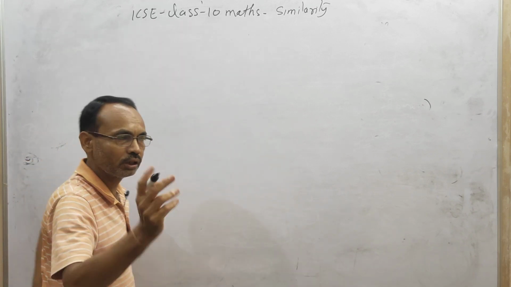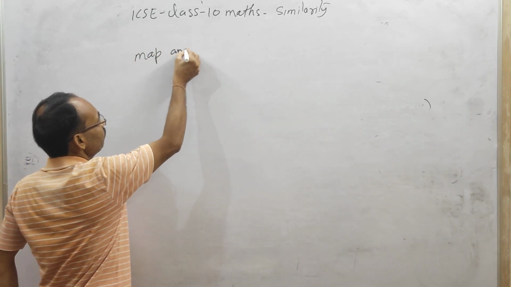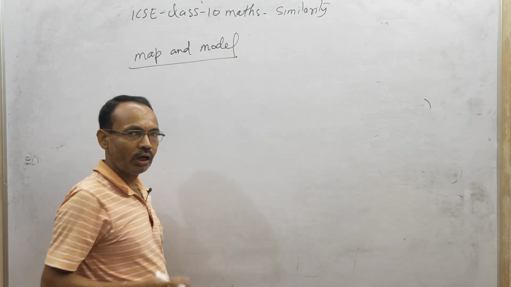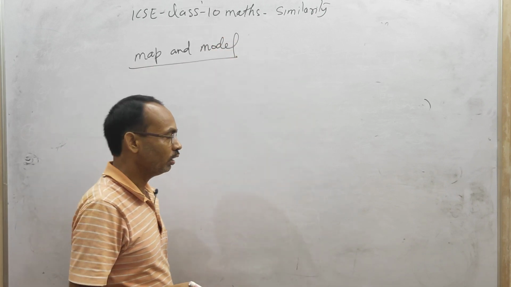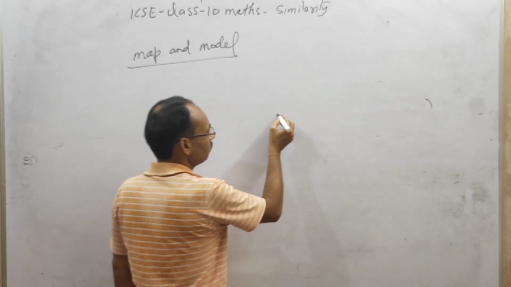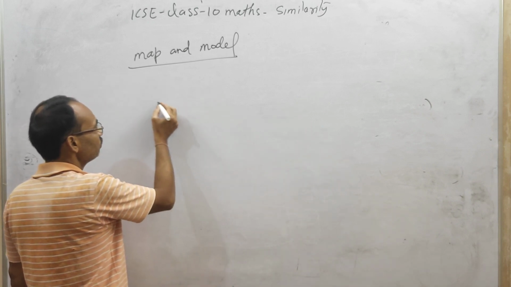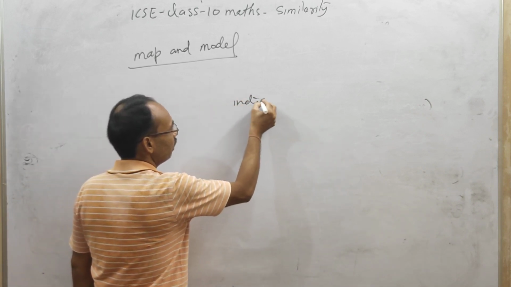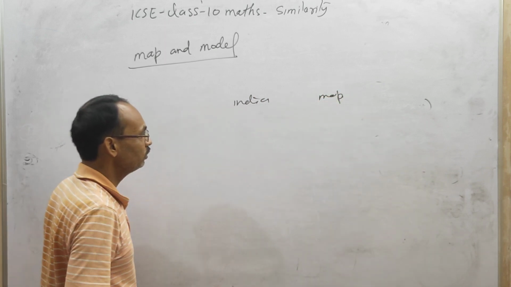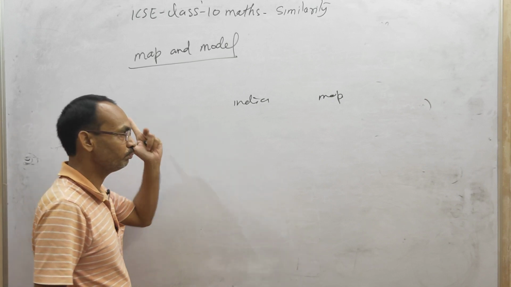They are similar figures and not congruent, because if you take the real India and the map of India, there would be a difference only in the size but not in the shape.